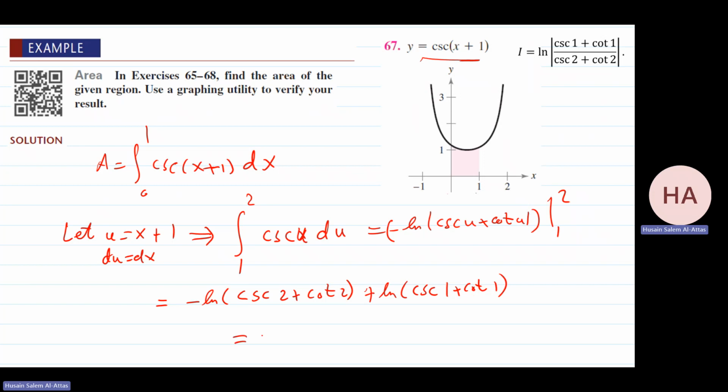So the answer is ln, and don't forget I need the absolute value, of cosecant 1 plus cotan 1 over cosecant 2 plus cotan 2. That will be the answer.